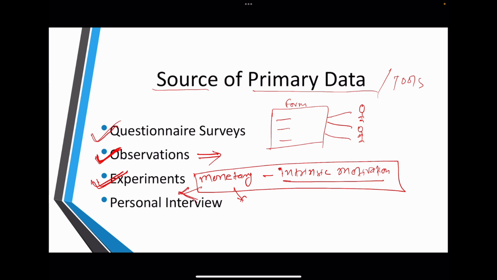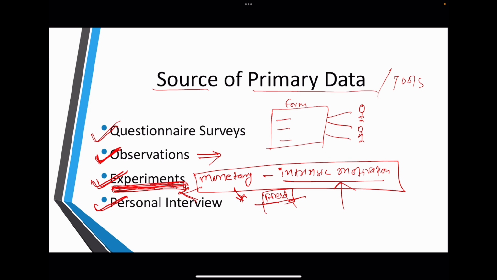That is called an experiment, and with that field experiment you will get data to analyze based on your research needs. Remember that even during experiments, in many cases we need to use a questionnaire survey to get those data. So sometimes we need to blend other methods also. Experiment means conducting in the field and then getting data.